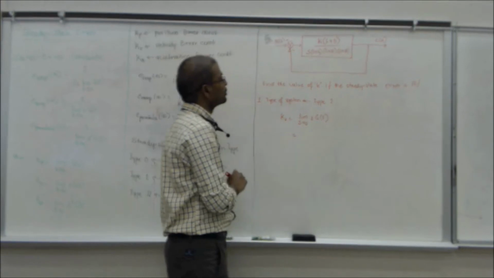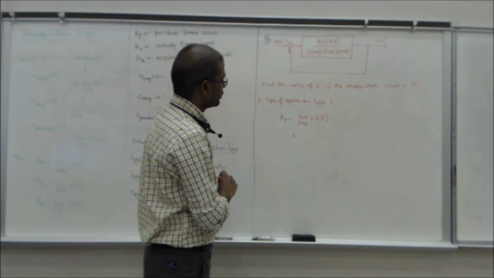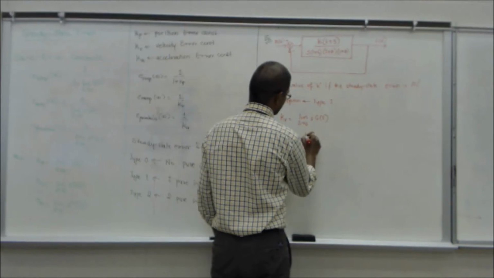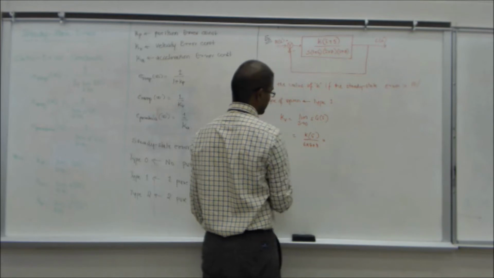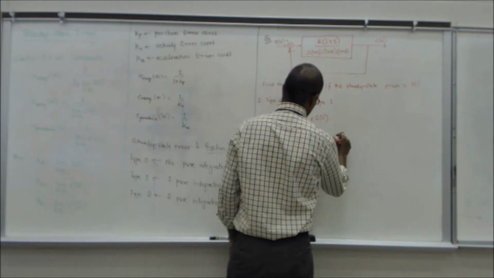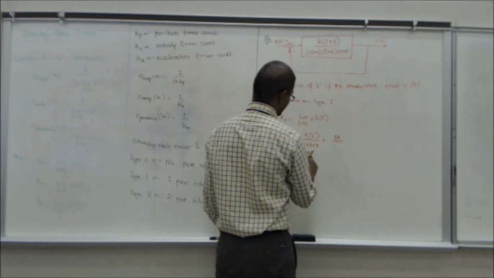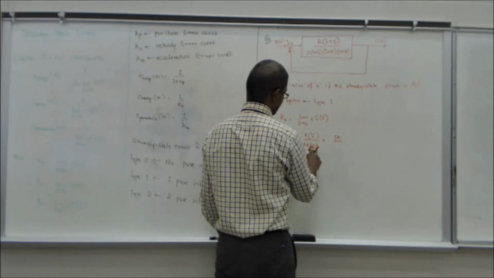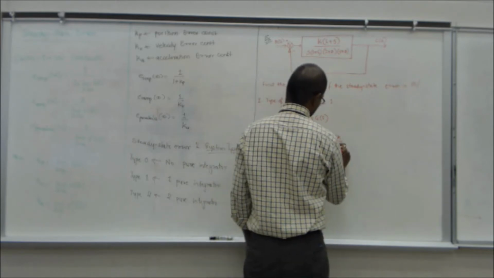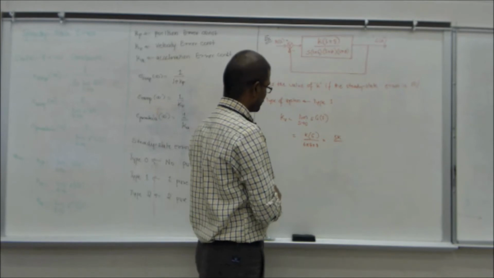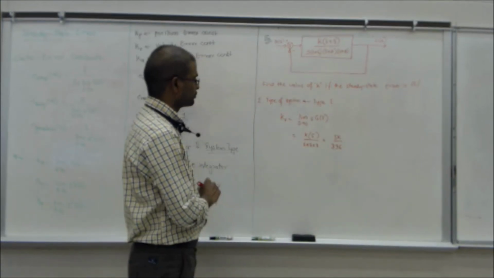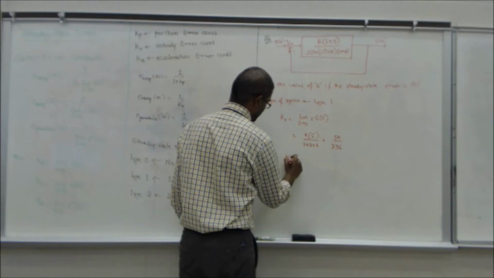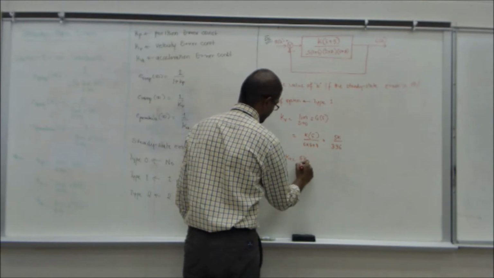So this is K times 5 over 6 times 7 times 8, which is 5K over 336. So Kv is 5K over 336.